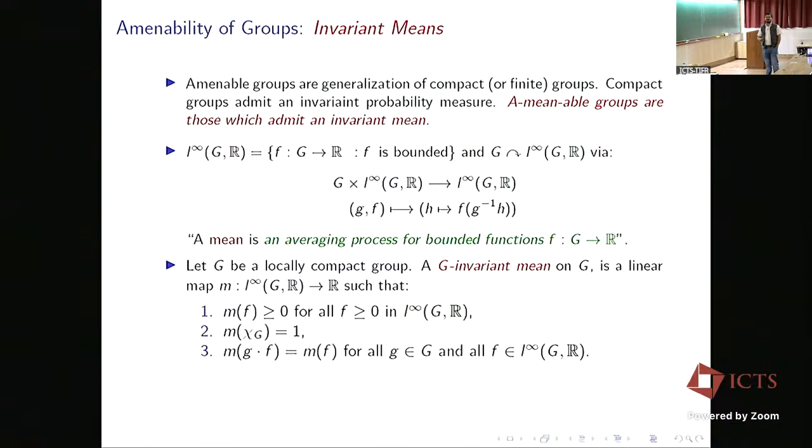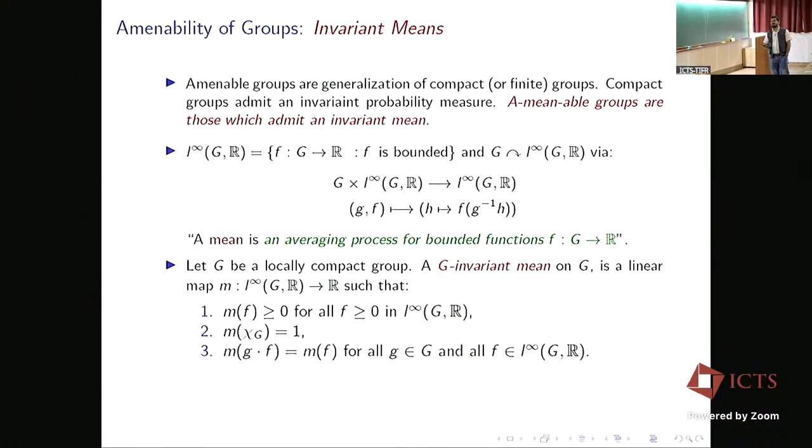this map, which says that if you take a bounded function from L infinity, the space of all bounded functions on which G acts this way. This is like convolution, if you want to call it. And you are considering this map, which is a linear map, positive, and takes 1 to 1, and invariant.